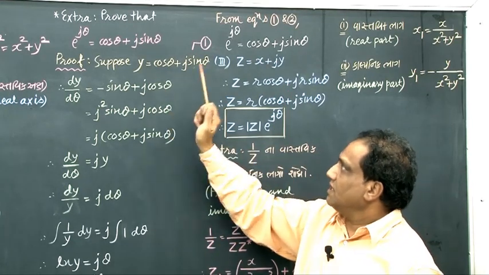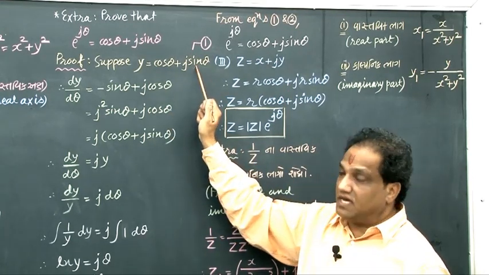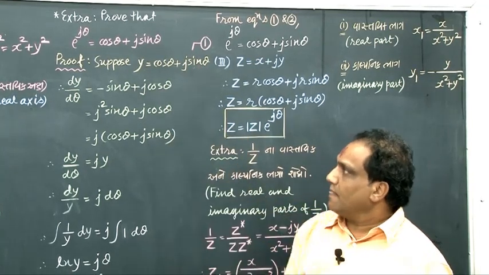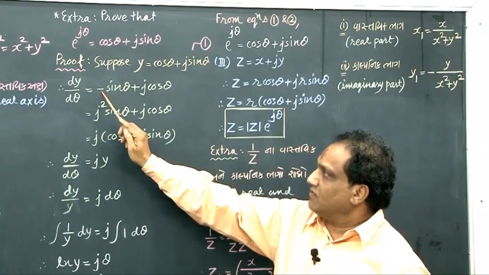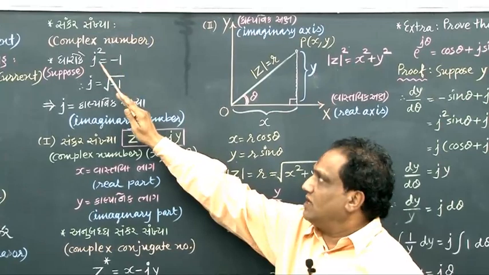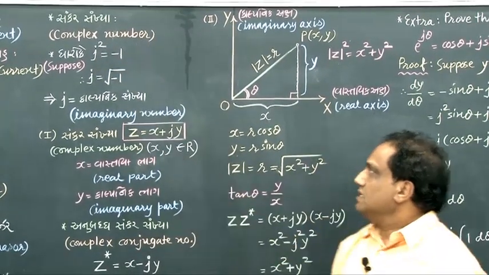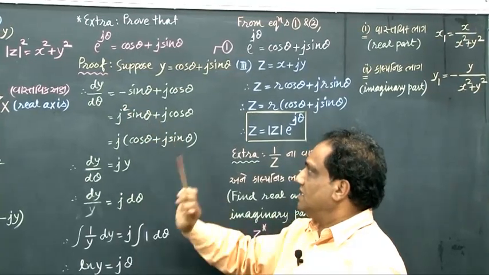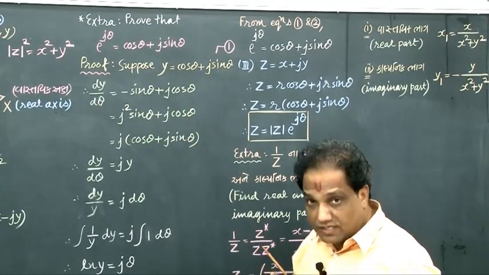J is constant. D by d theta of sin theta is cos theta. Now in place of this minus 1, I am putting j square. Sin theta as it is plus j cos theta as it is.